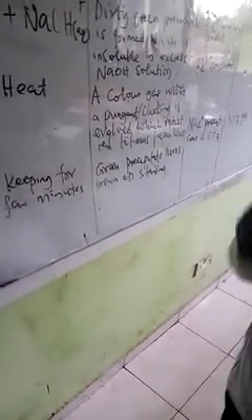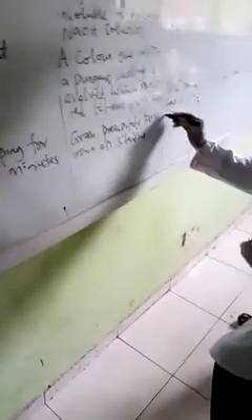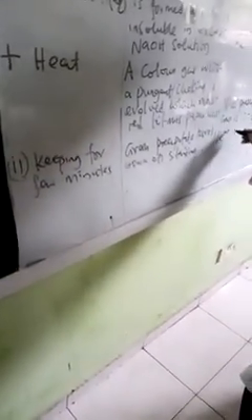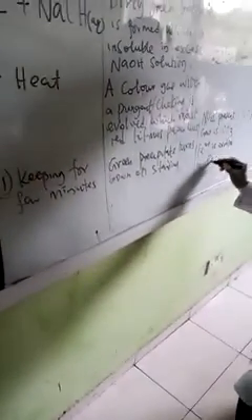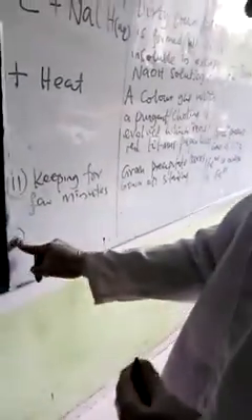So the inference is that Fe2+ ion has been what? Oxidized to Fe3+ ion. So you say Fe2+ ion is oxidized to Fe3+ ion.